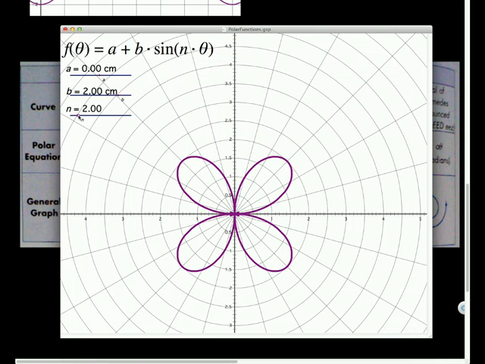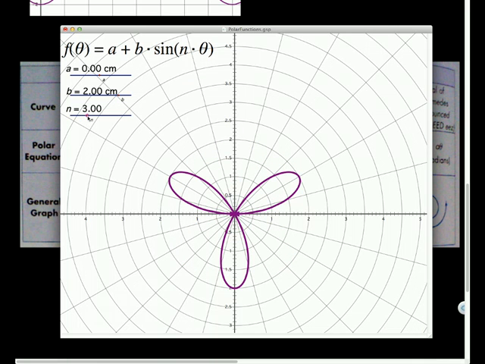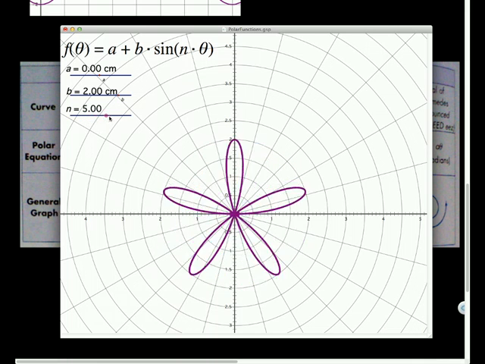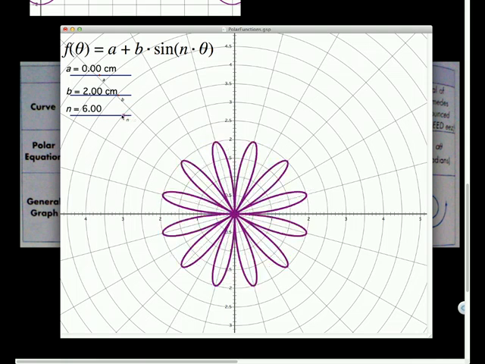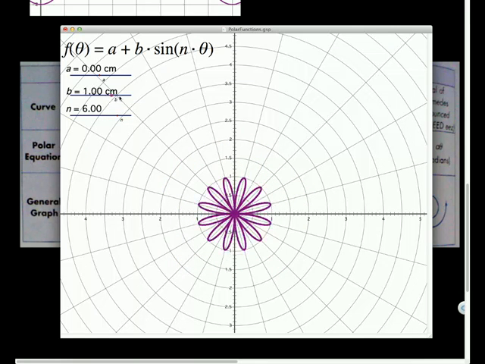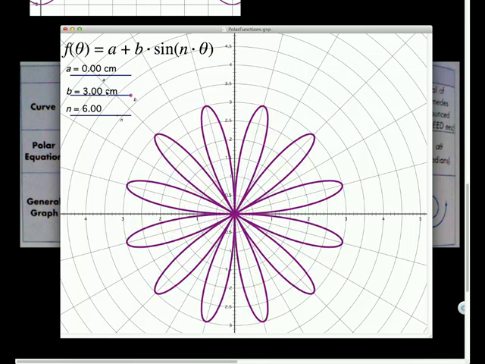If I bring that to 2, I get 4 petals. Bring it to 3, I get 3 petals, so kind of an unusual pattern here. You can see that I get a varied number of petals depending on the value of n. So n is affecting the number of petals, where b is affecting the length of each petal. So if b is 3, each petal is 3 long in this case.